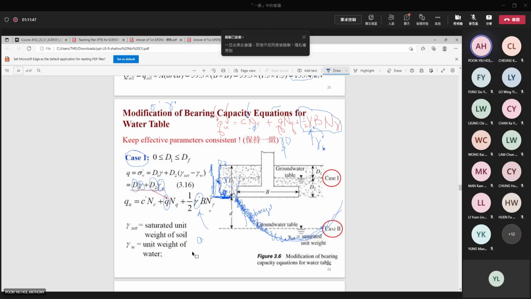So it is always submerged. So this is the idea.